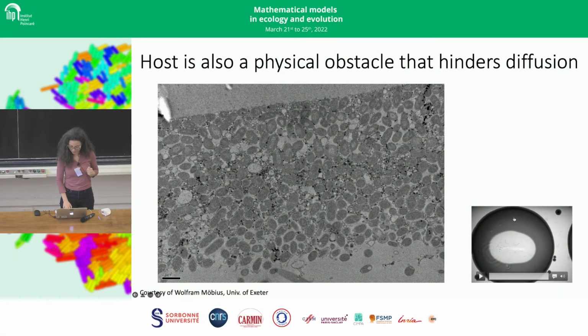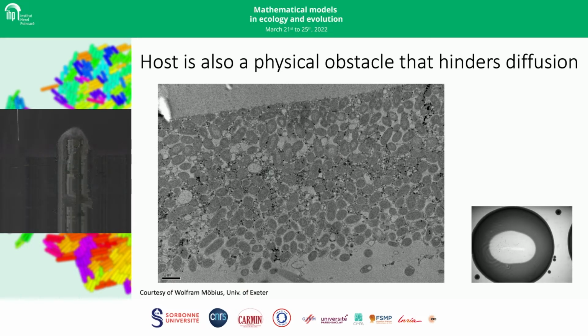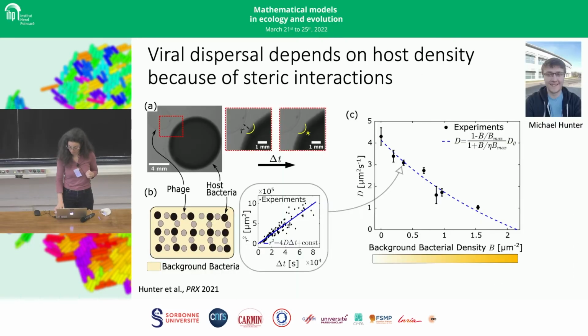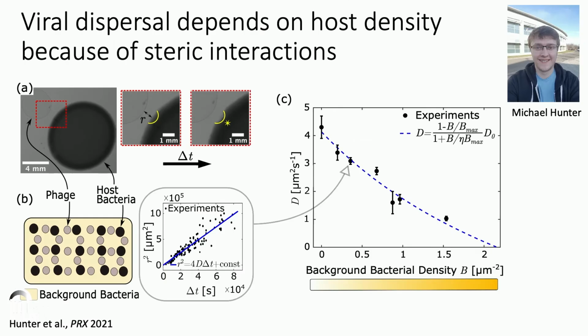If you look at this range expansion and cut it vertically, you can see that at the front there will be a lot of bacteria, and in the back almost none. This is why we have to be careful in how we treat this diffusion coefficient. That's what my first PhD student, Michael Hunter, did: he tried to understand exactly how the diffusion coefficient changes.